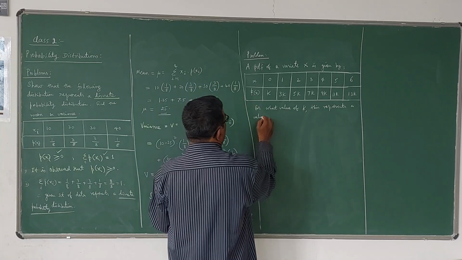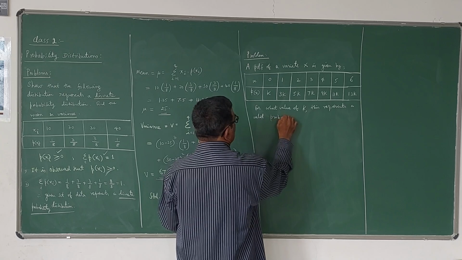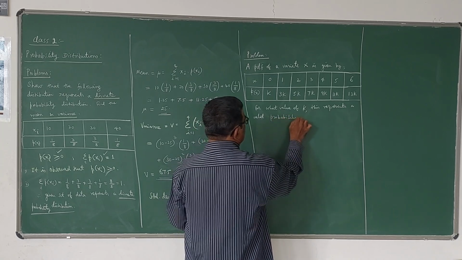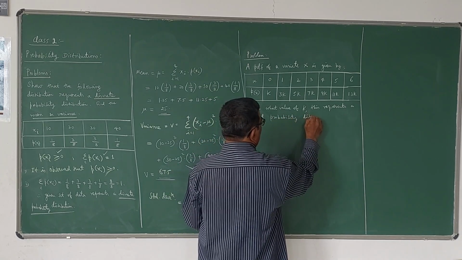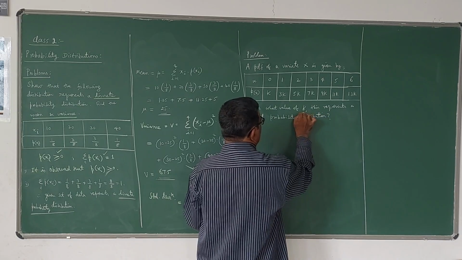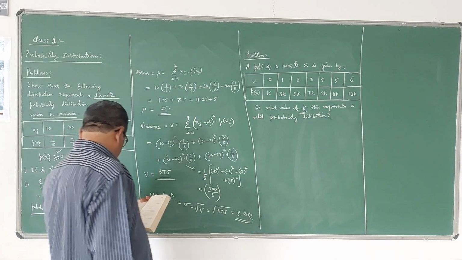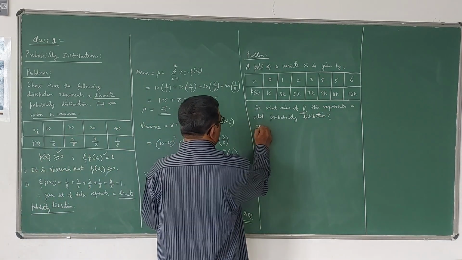A valid probability distribution. This is one thing. So I have to find out the value of k. K is unknown.